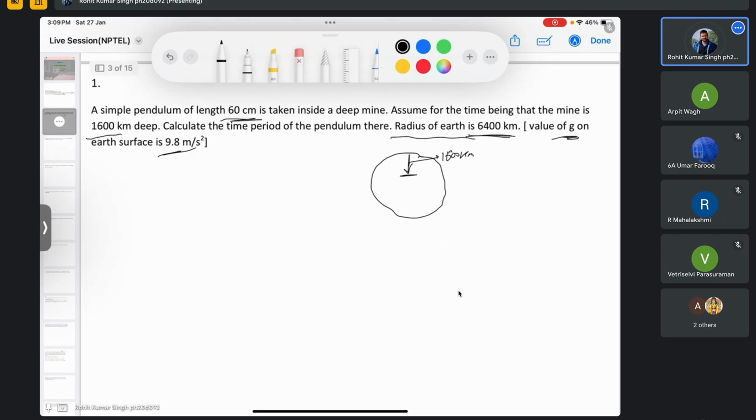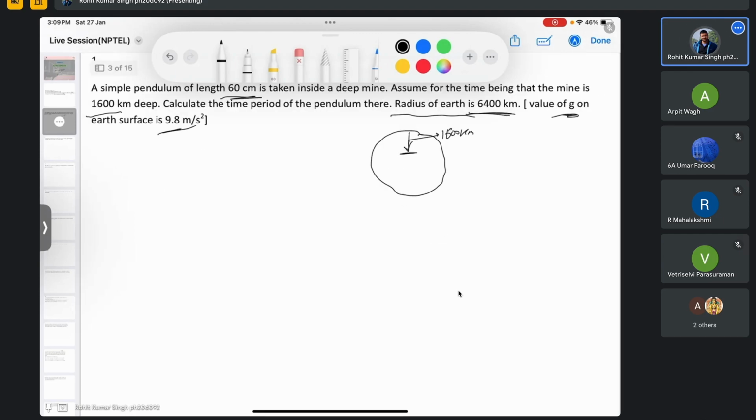So suppose this is the radius of the Earth, r, and this is the distance d. Okay, so like this. So do you know how to do this? Anyone?